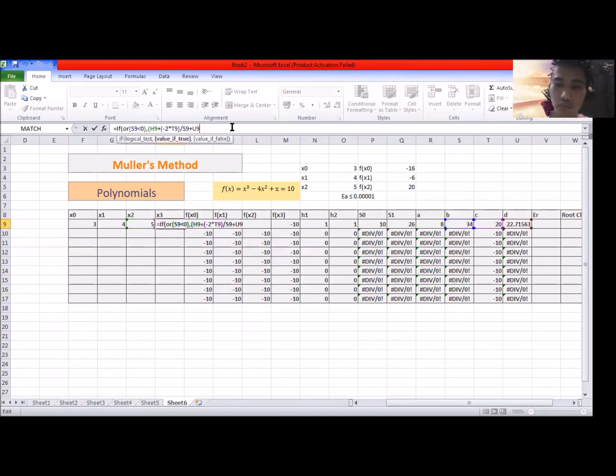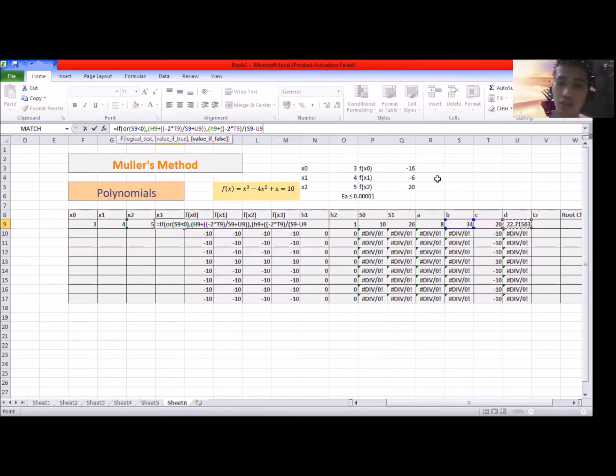In the other formula, if b is in negative form, then we type in x of 2 plus again negative 2 multiplied by c, all over b minus the square root of d.